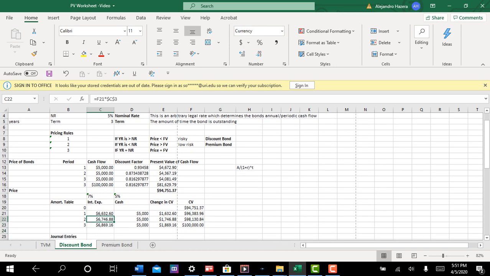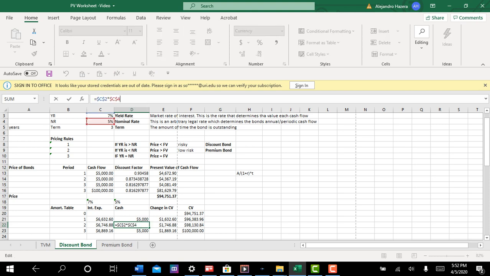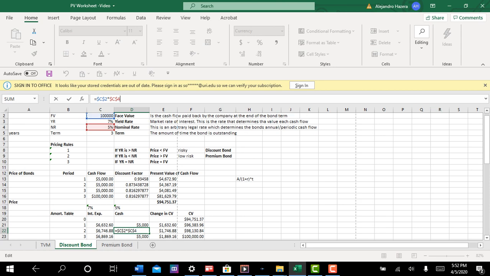Now let's just quickly go over these formulas. They're all the same. The interest expense is the previous year's carrying value times the yield rate. The 5,000 for any year, you could just copy them down, is always equal to the face value of the bond times 5%.